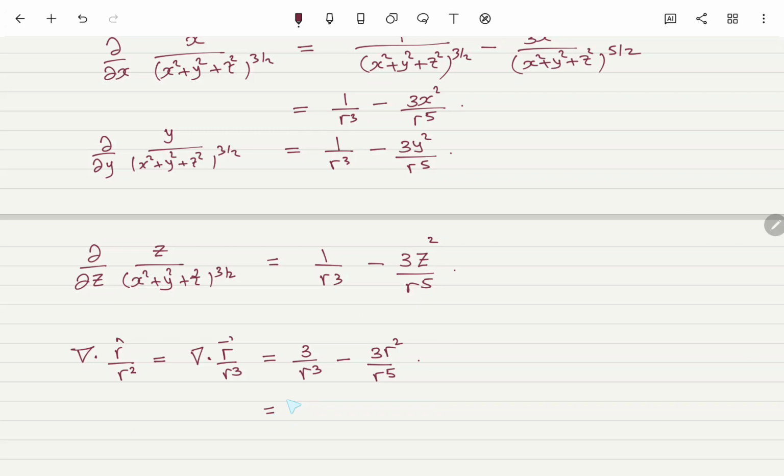And upon simplifying this, you will get 3 over r cubed minus, now r squared with r to the power 5 will be 1 over r cubed, so 3 over r cubed, and after all the result will be equal to 0.